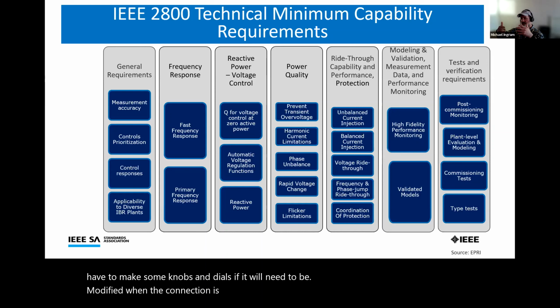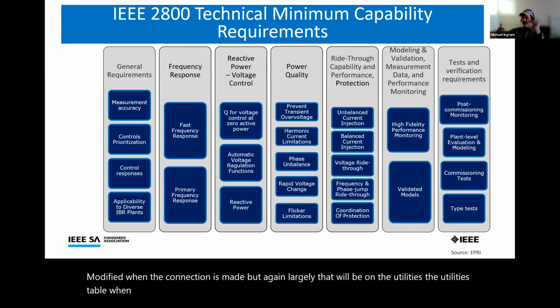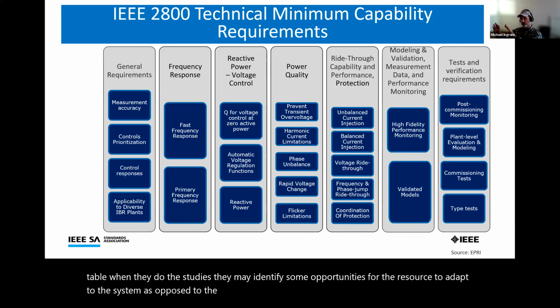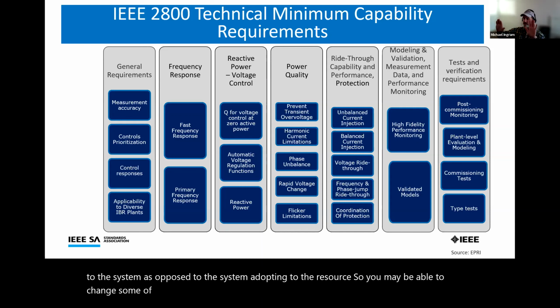But again, largely that will be on the utility's table when they do the studies. They may identify some opportunities for the resource to adapt to the system as opposed to the system adapting to the resource. So you may be able to change some of the settings of the equipment to react better to what's going on in the system.